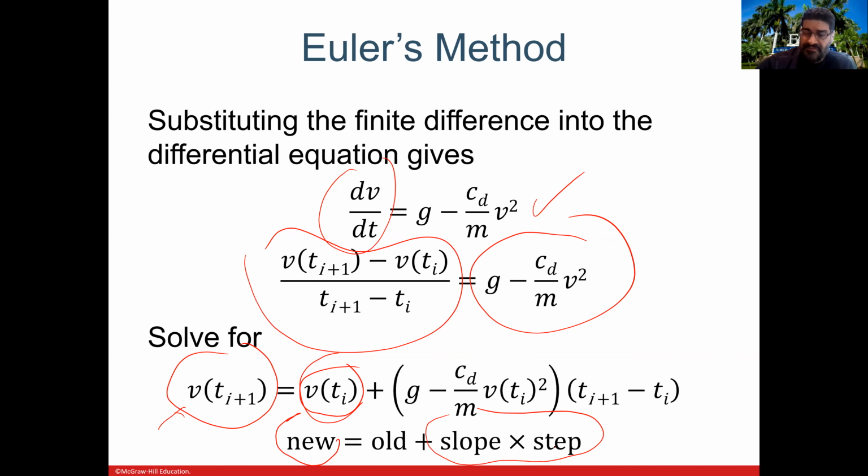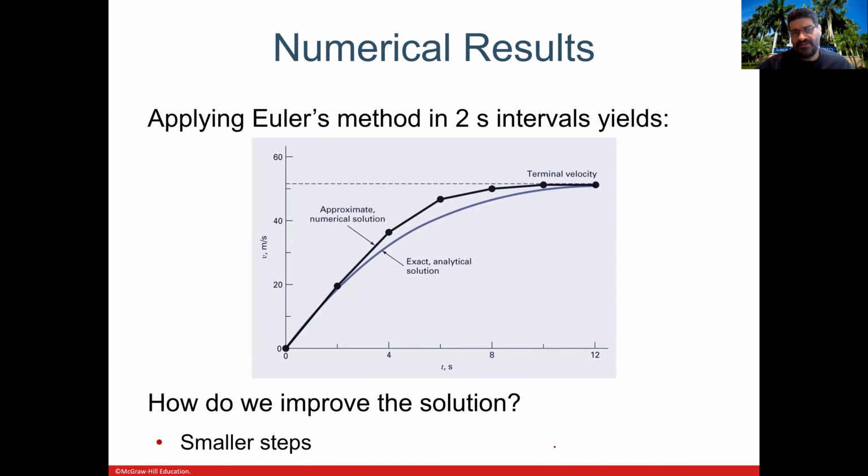If we plot this, and you look at the steps that we take, they are 2-second intervals. From time equals 0 to time equals 2 seconds, you'll see we have a straight line, as you can see here, and then another straight line, and another straight line.